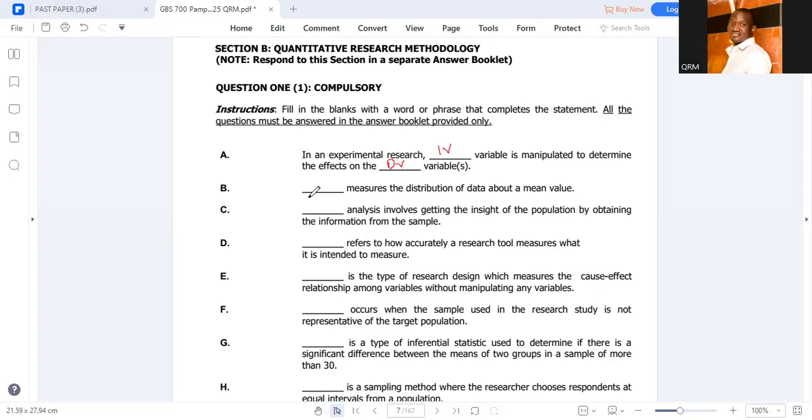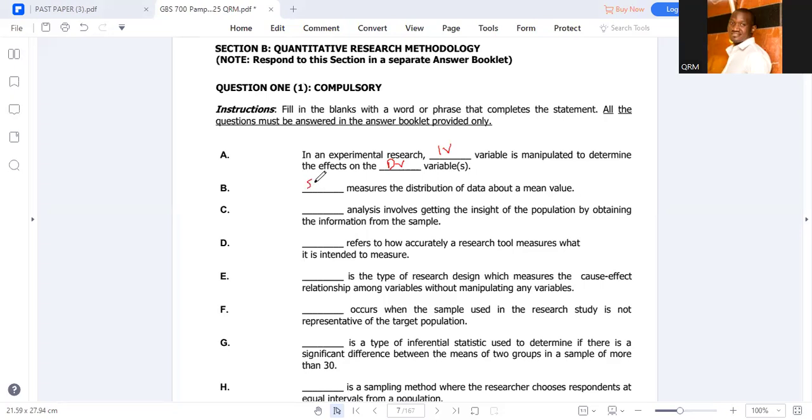Correct. Dash measures the distribution of data about the mean value. What measures the distribution? Standard deviation. Good. Standard deviation, SD. What did we say about SD?